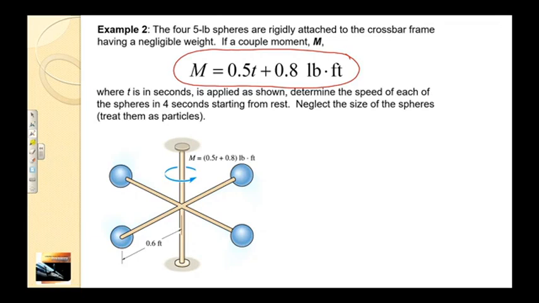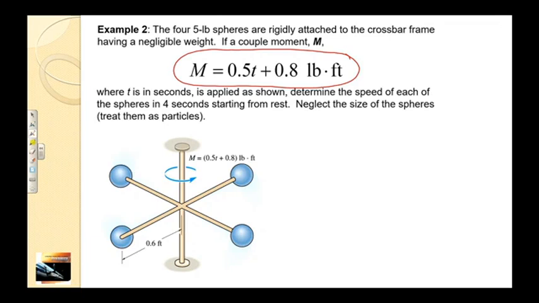This moment as a function of time, that's our angular impulse or impulse of moment. We still got to figure out our angular momentum. And we got to do an integral to figure out what m is. So maybe if we do the impulse first, all we're doing is integrating.